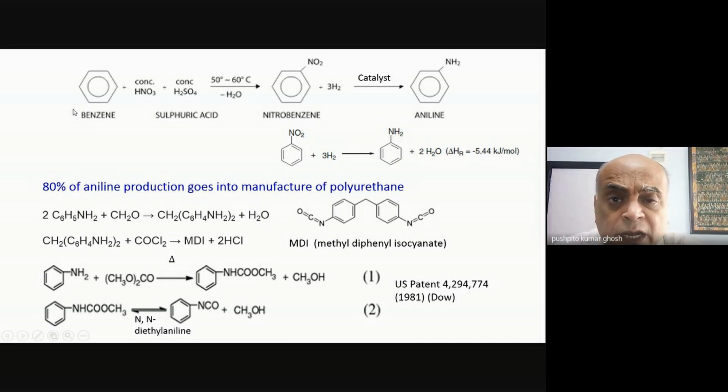So they end up doing nitration, and then the nitro compound is further taken with hydrogen, and they do a Raney-Nickel catalyst-based reaction or some other catalyst perhaps, and they form aniline. It's not a very exothermic reaction, very mildly exothermic.